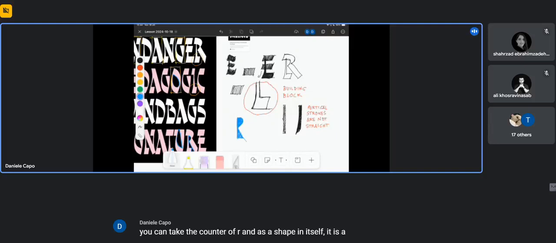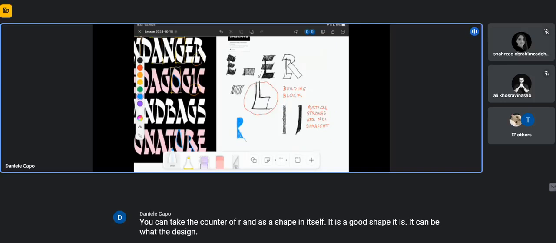It is a good shape. It can be what the designer has actually designed.